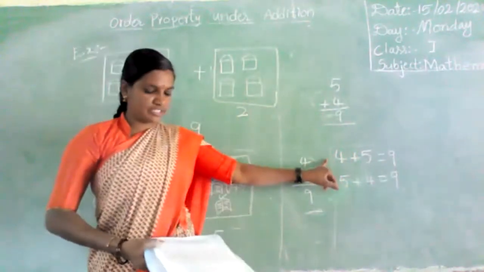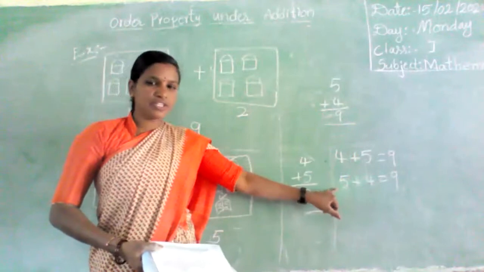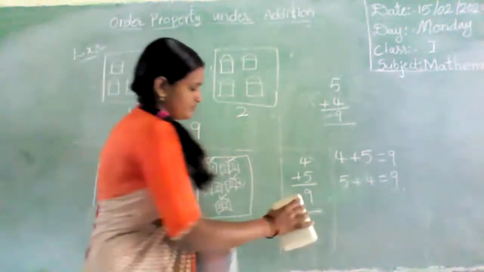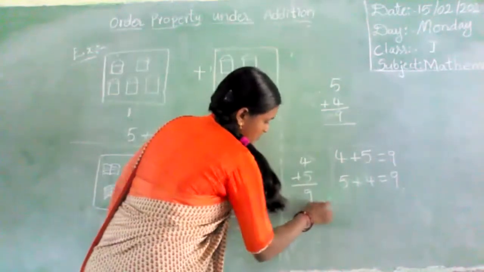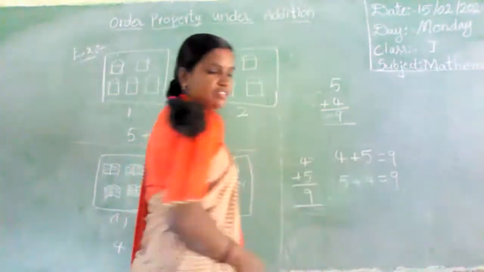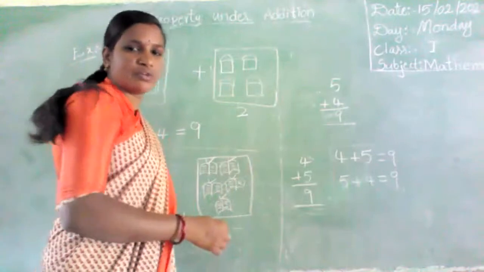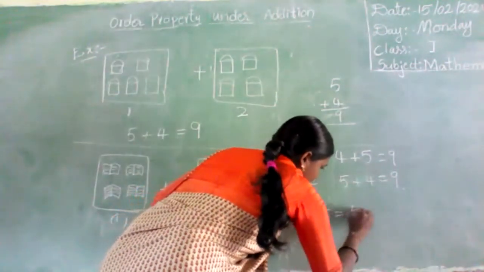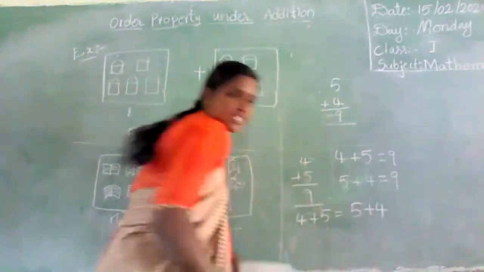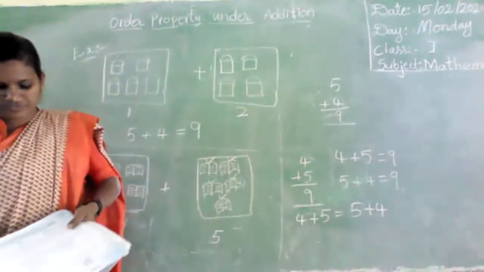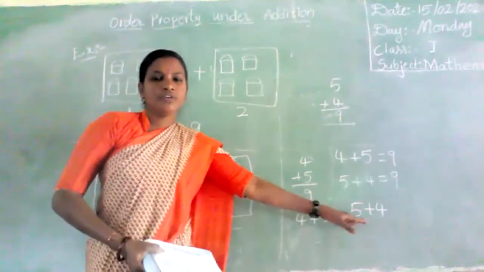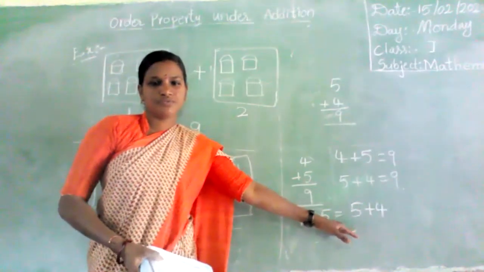So what can we write from these two? 4 plus 5 is equal to 5 plus 4. Is it correct or not? Yes, 4 plus 5 is equal to 5 plus 4.